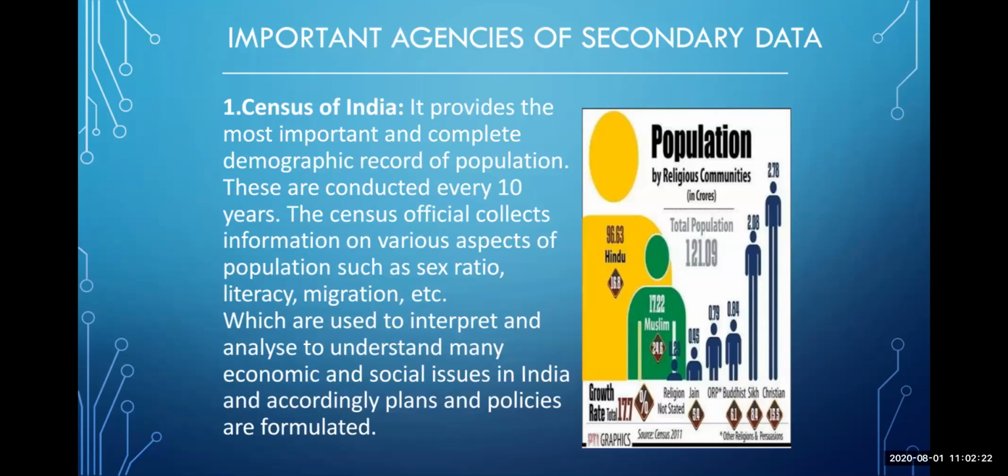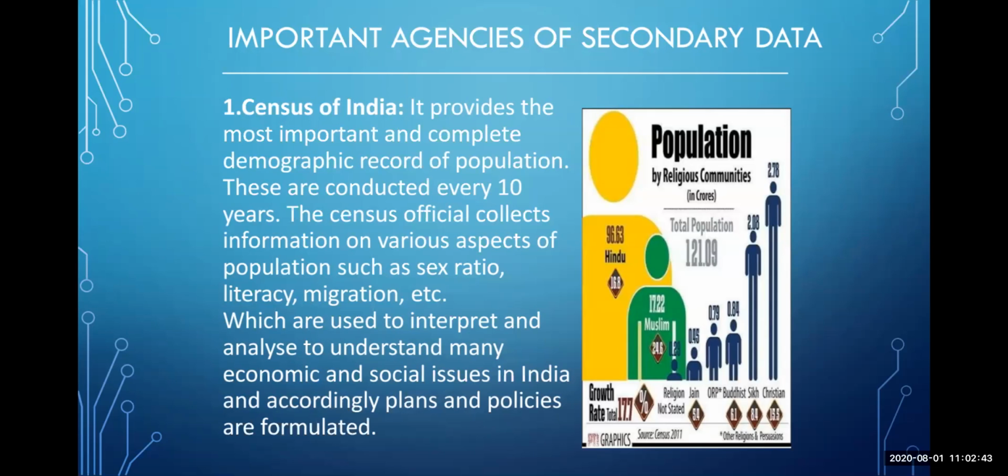Now, when we talk about agencies for collecting secondary data, we all know there are a few such agencies. First one is the Census of India. It provides the most important and complete demographic record.